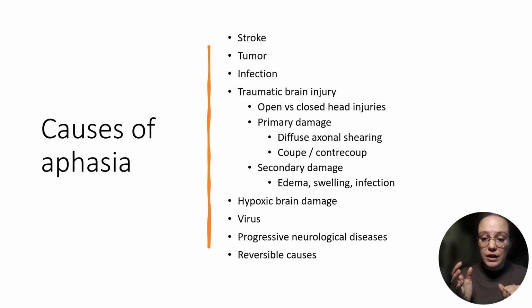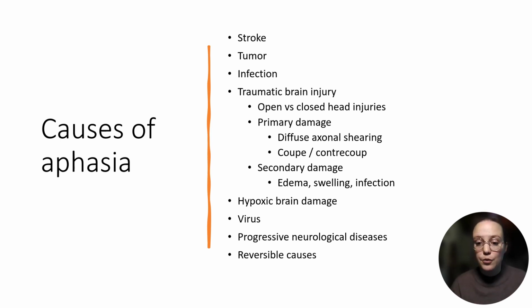And the other thing we think about with TBI, traumatic brain injury, is coup and contra coup, which is that usually when you hit your head, there's a counter reaction, the contra coup, that also happens. So let's say you hit your head in the front, that's the coup, the first hit, and then your head ricochets back and you hit the back of your head. That's the contra coup, or the second hit.